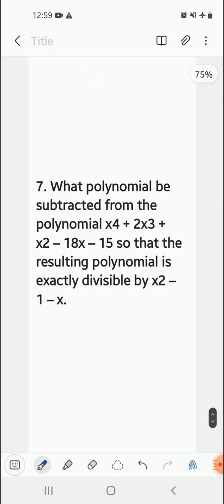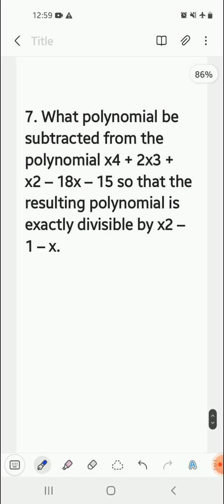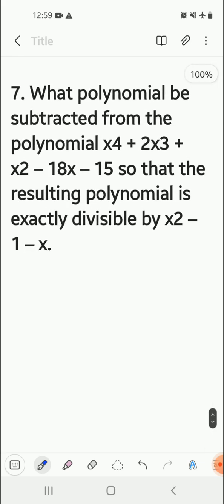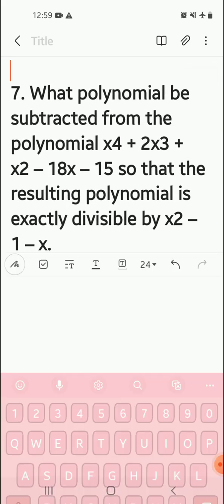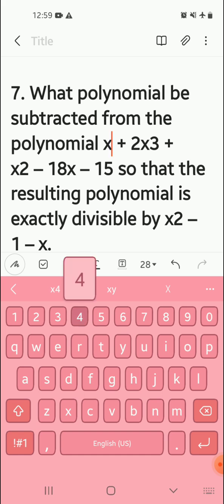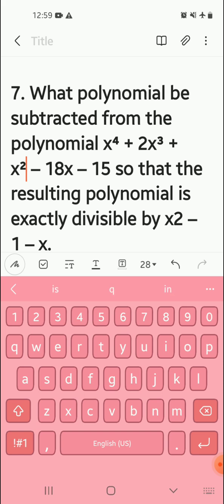Moving on, next question. What polynomial must be subtracted from the polynomial x to the power 4 plus 2x cube plus x square minus 18x minus 15, so that the resulting polynomial is exactly divisible by x square minus 1 minus x?